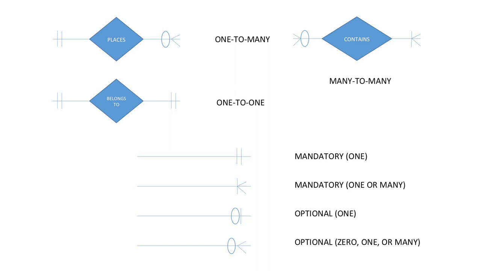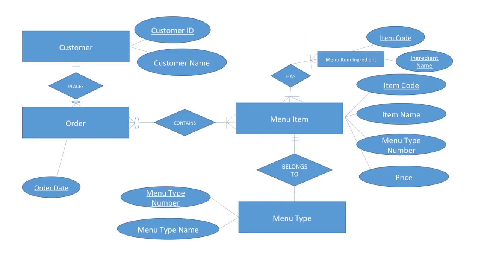And let's see how these relationships and cardinalities are represented in the first three relationships mentioned. Our entity relationship diagram now looks something like this. We can see how all the entities, the attributes, and their relationships, along with the cardinalities, come together into one diagram.